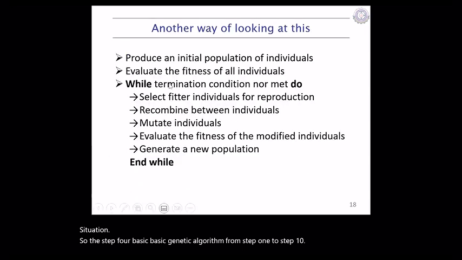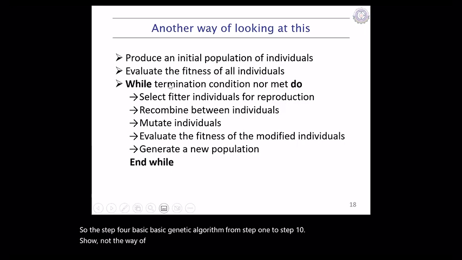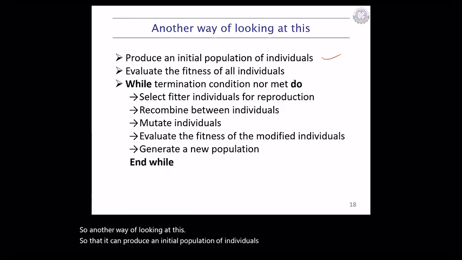Another way of looking at this: produce an initial population of individuals for the GA and evaluate the fitness of all individuals.